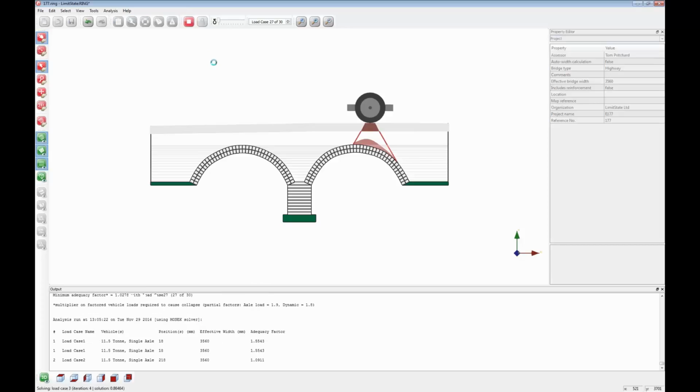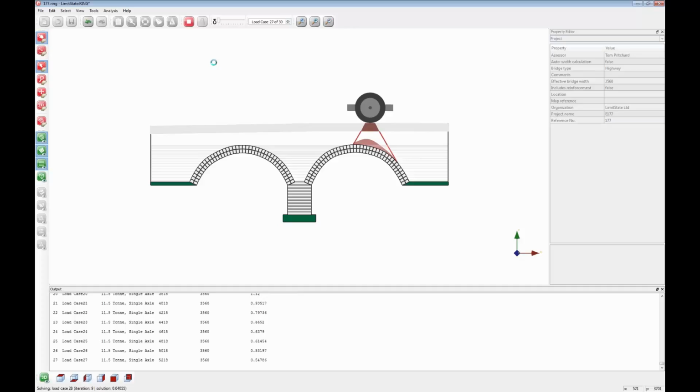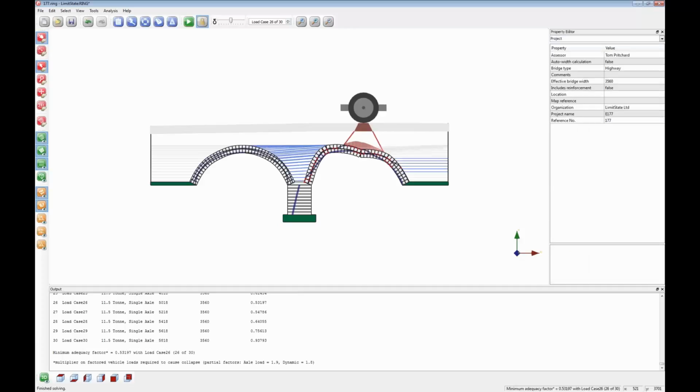So again, click solve, and you can see now it's going through those load cases. It takes slightly longer to do. It's done it now though, because it's computationally a more challenging problem. It's now telling me that actually load case 26 is critical, and we have a much lower minimum adequacy factor, in this case 0.53.